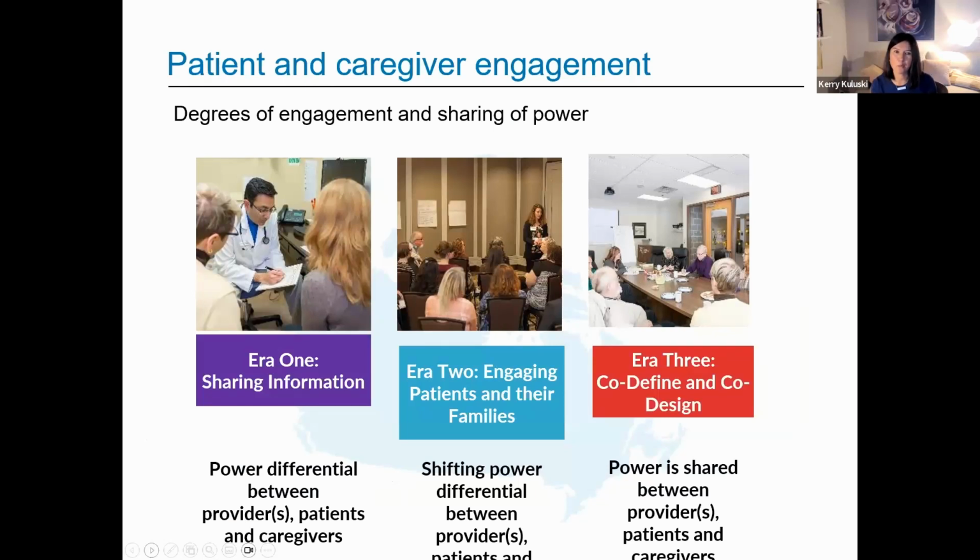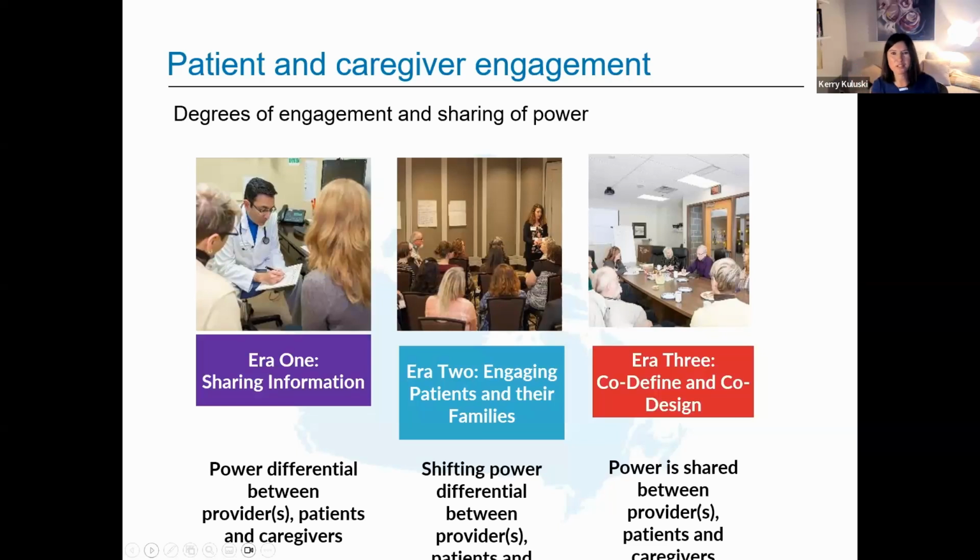If we think of era one, and I'd like to think we're past era one, but not always, it depends on the context, it's really about sharing information, how traditionally health systems have been set up to, I am the expert researcher, or I am the expert clinician, and I will share with you what I know, go forth and do as I say. That's very traditional. I'm exaggerating a little. I'm sure there's still more collaboration in era one, but really it's about one-way direction.